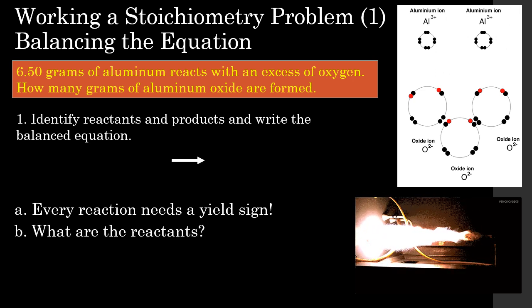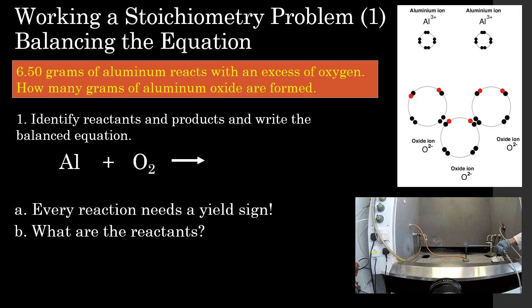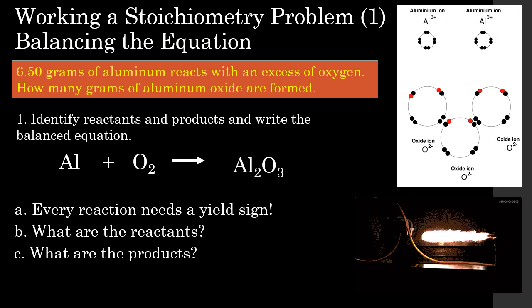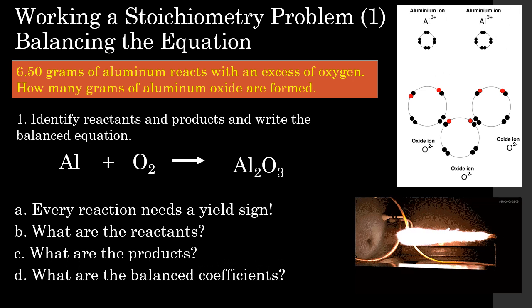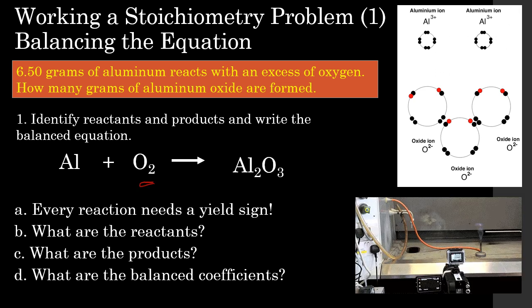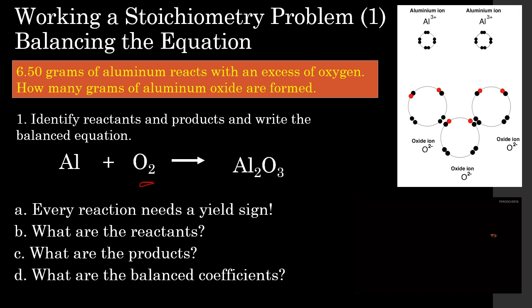Then let's consider the reactants. Well, that's got to be aluminium, and it's got to be oxygen. The products, well, we can figure that out. It's going to be aluminium oxide. And so let's have a look at the balance coefficients. So there's a problem here that oxygen hangs around in molecules in the air, doesn't it?